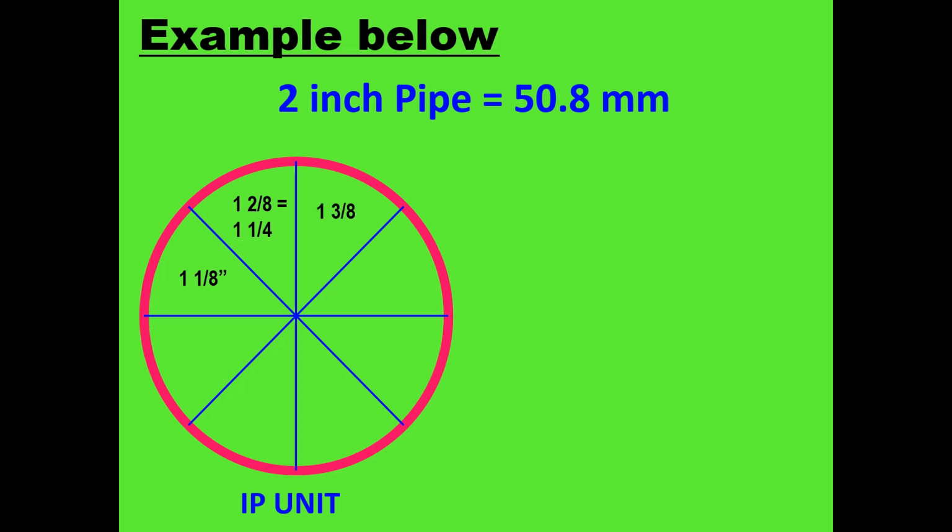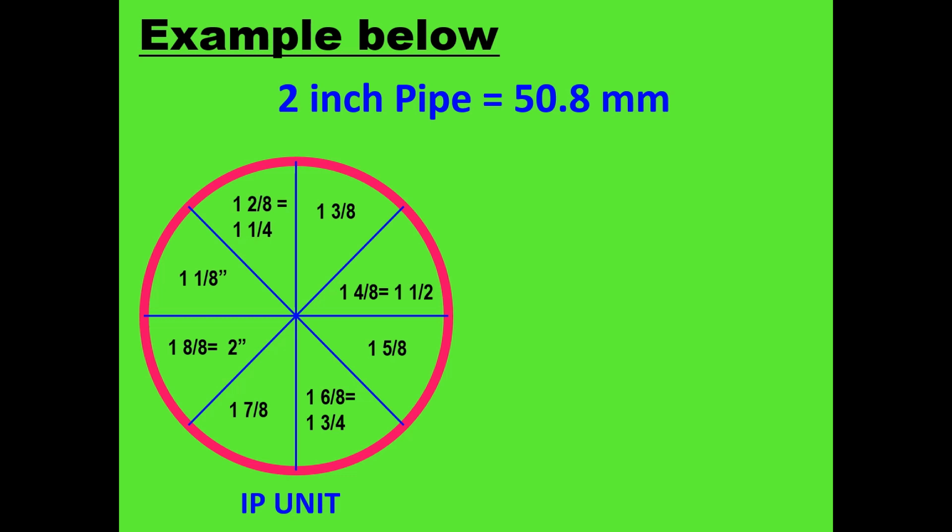Then next is 3/8, next 4/8, which equals 1/2 an inch. Next is 5/8, followed by 6/8, which equals 3/4, called 1 3/4 inches. Next is 7/8, finally 8/8, which equals 2 inches.